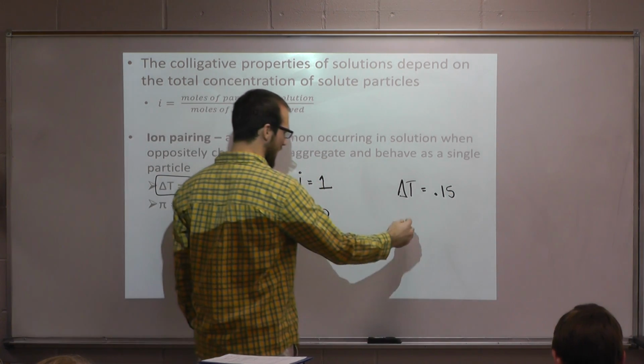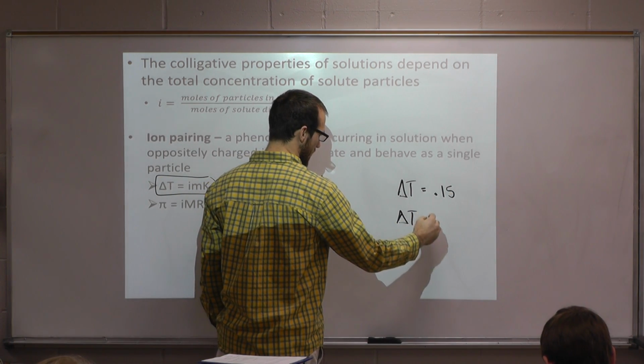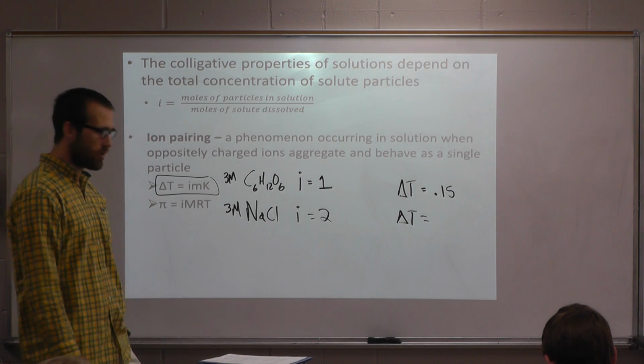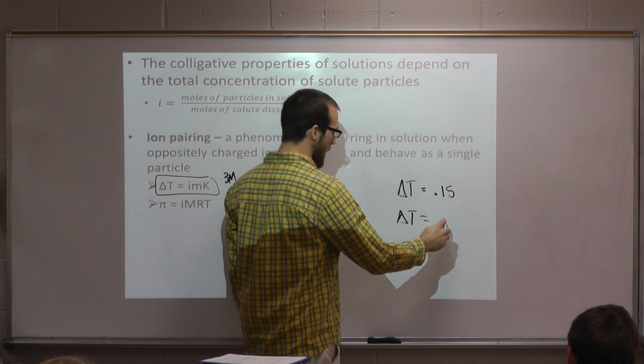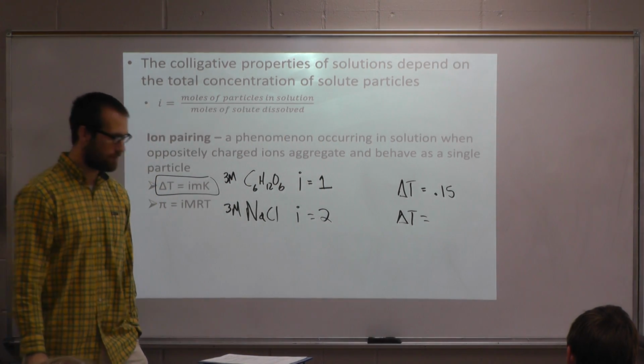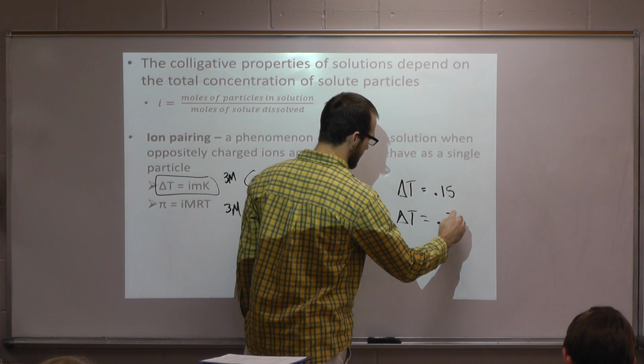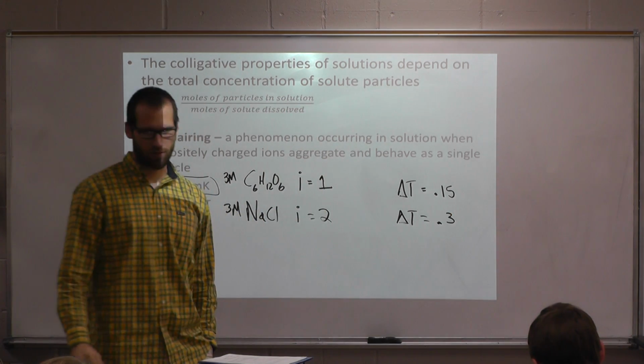We would expect the change in the boiling point for sodium chloride in water, if everything else was the same, to be what? 0.3. Okay? Well, it's not actually perfectly 0.3.